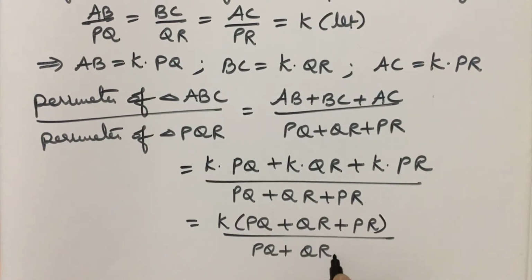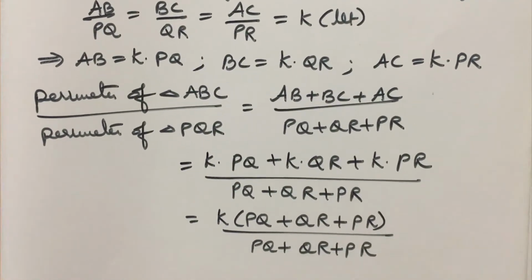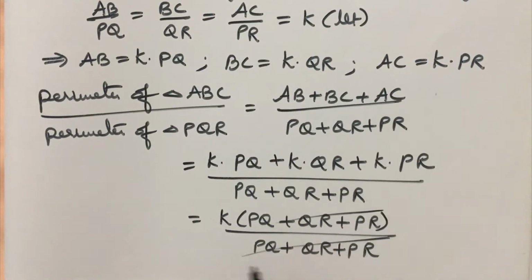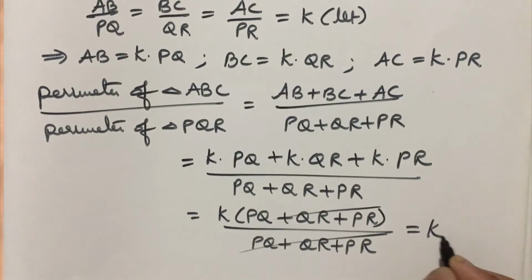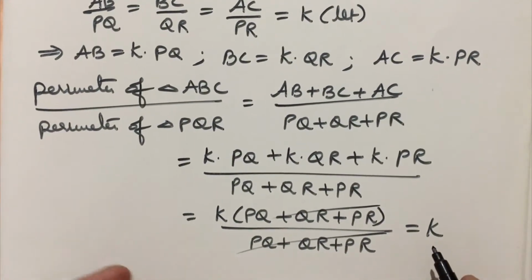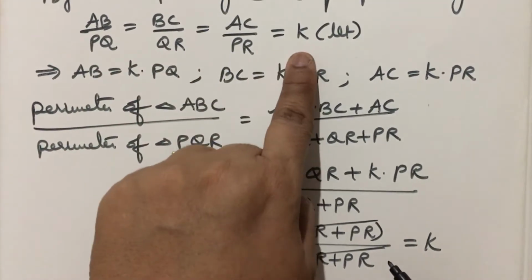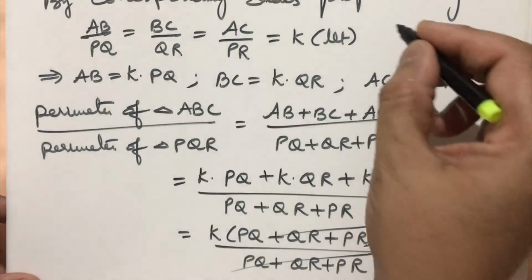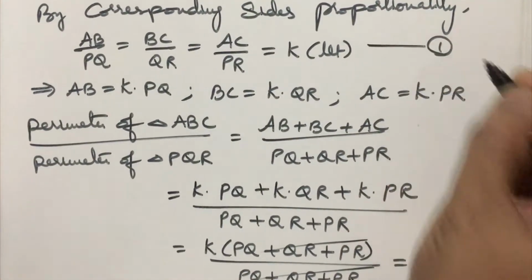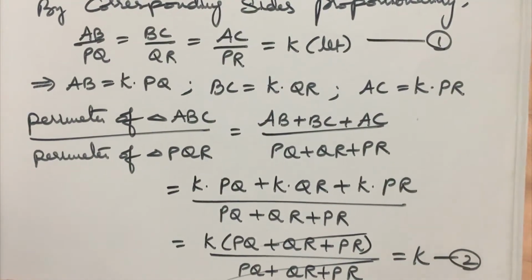Now here you see, both the numerator and denominator get cancelled and what is left out? K. What is this K? Here the sides proportionality, that is equal to some constant K. So from equations 1 and 2, what we can say?